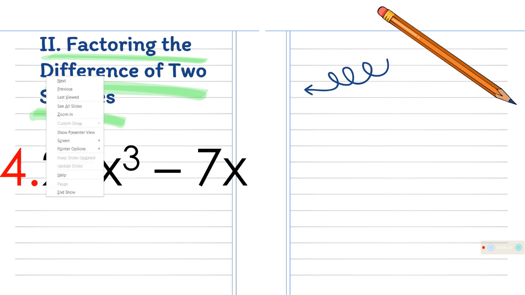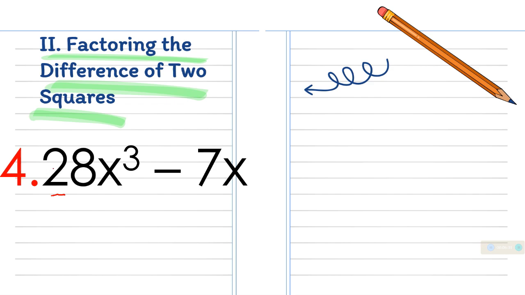So the common factor is 7x. That's correct. Therefore, you will obtain the second factor by division. So 28x cubed divided by 7x is equal to 4x squared. Then the second term, negative 7x divided by positive 7x is equal to negative 1.